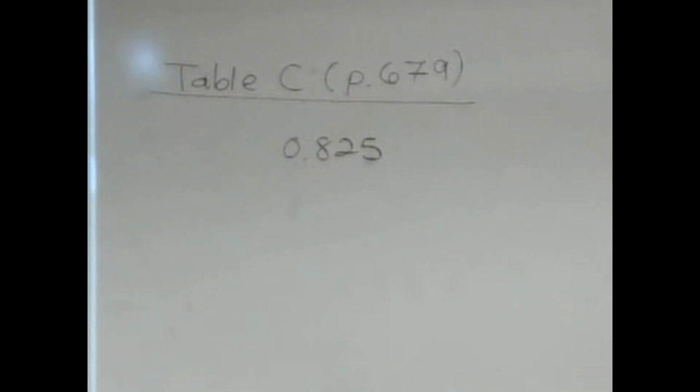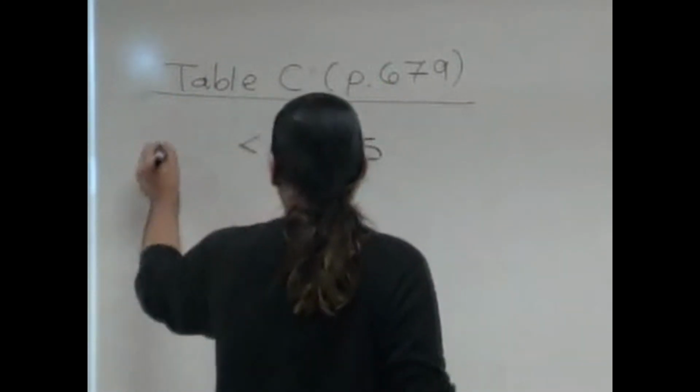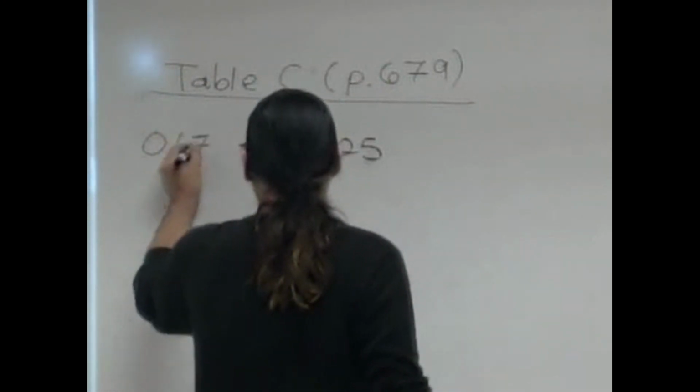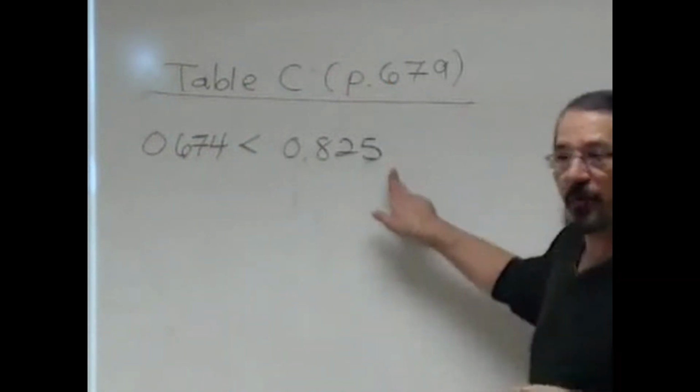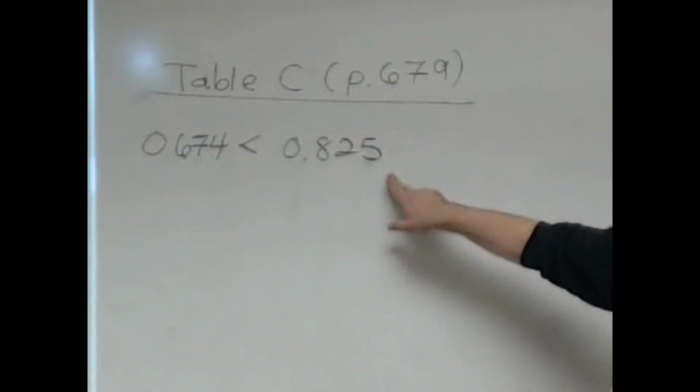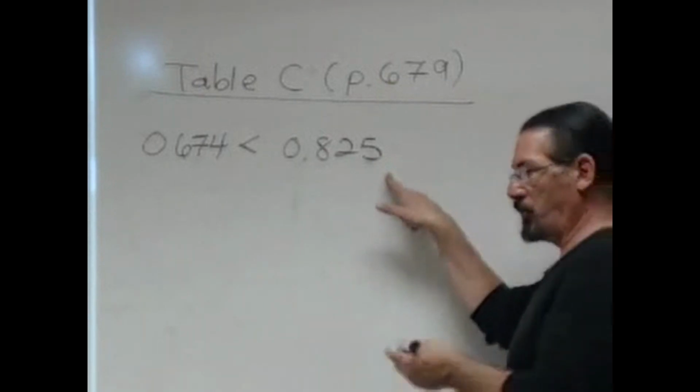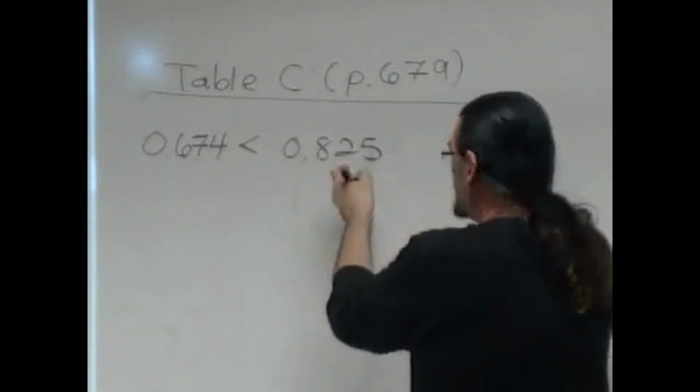I'm going to give you one of them. Below it is 0.674. Above it, the very next Z star value shown is what? 0.841, and that is above this one, right? Okay.